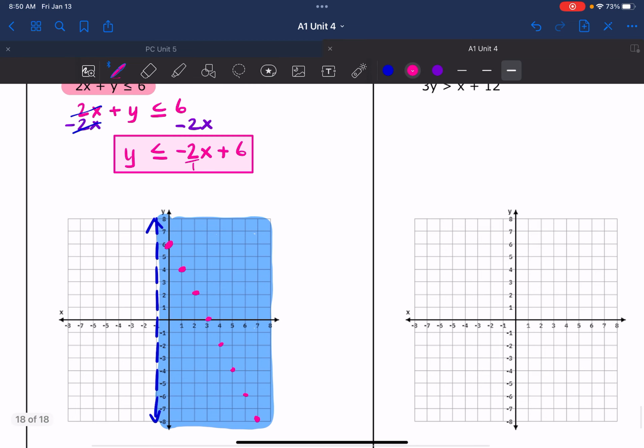Okay, looking at that symbol, always look at your final answer. We're going to use a solid line, and it's less than, so we're going to shade below. So all of those points, let's connect them with a solid line. Okay, then we're shading below. So that would be this area.